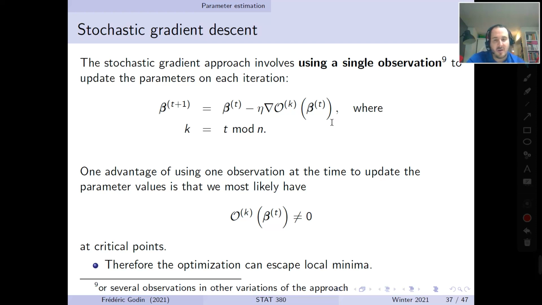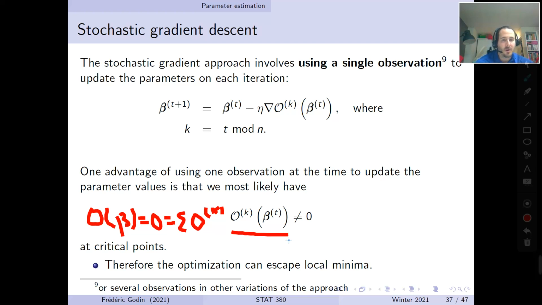And another very nice property of these algorithms is that it allows escaping critical points. So at a critical point, what happens is that the gradient of the objective function is 0. Here this objective function is the sum of the components associated to each observation. So the sum of components would be 0 at the critical point, but if you take a single component at a time, then it might be different from 0.